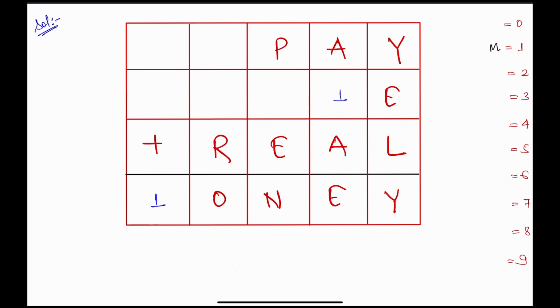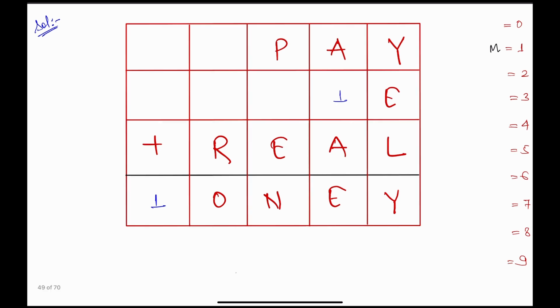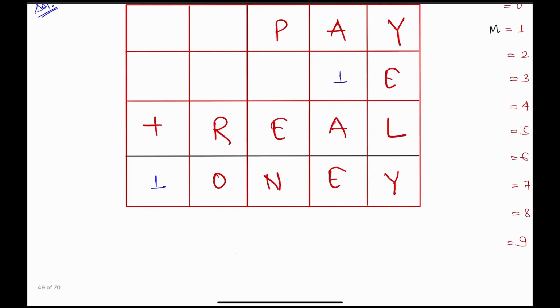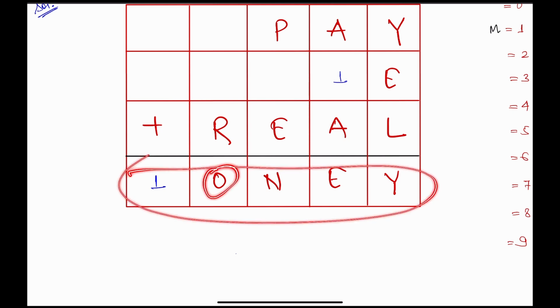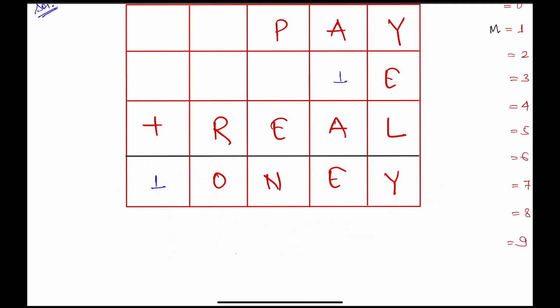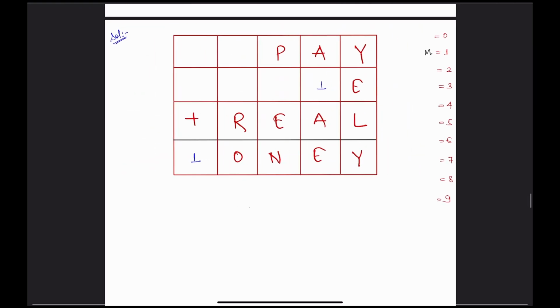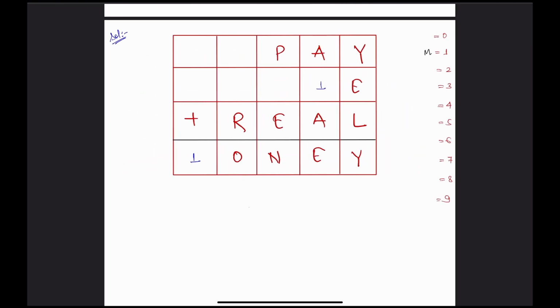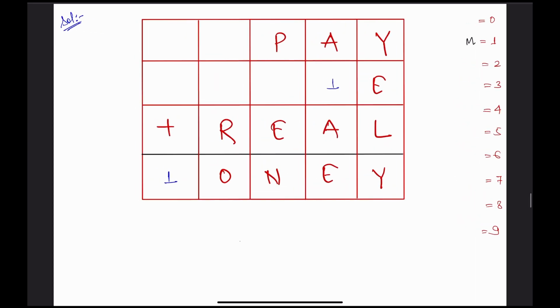The second thing I want for this to be maximum: 1 has already been considered, so what could be the maximum value? 1999 something. So I want O to be the maximum. But one more thing I notice is that P and E are two numbers.